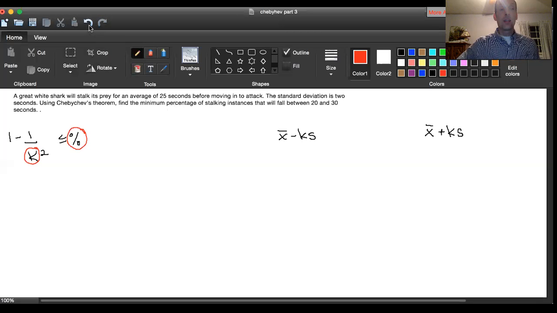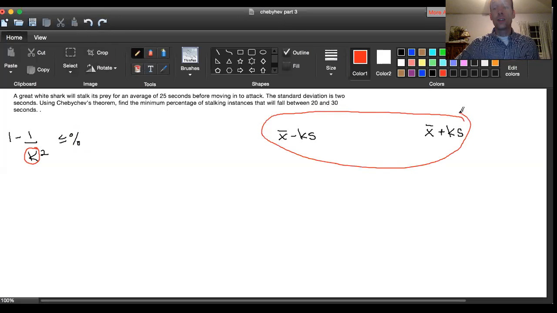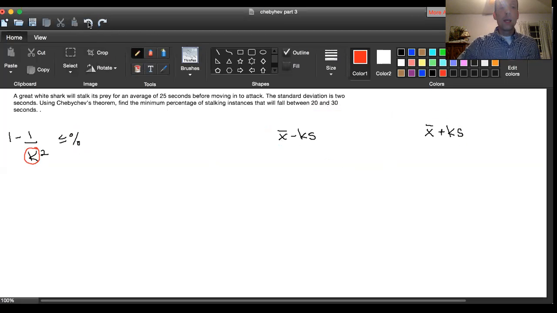It looks like we're going to have to use the formulas on the right side of the screen, where we do see a K sitting there. We'll try to solve for K so that we can plug it back in over here and solve our proportion answer. To get underway, let's look at what's on the right side: our X bars, our Ks, our S's. It'll probably help if we draw a little separator line in between these two, and fill in whatever numbers we can.